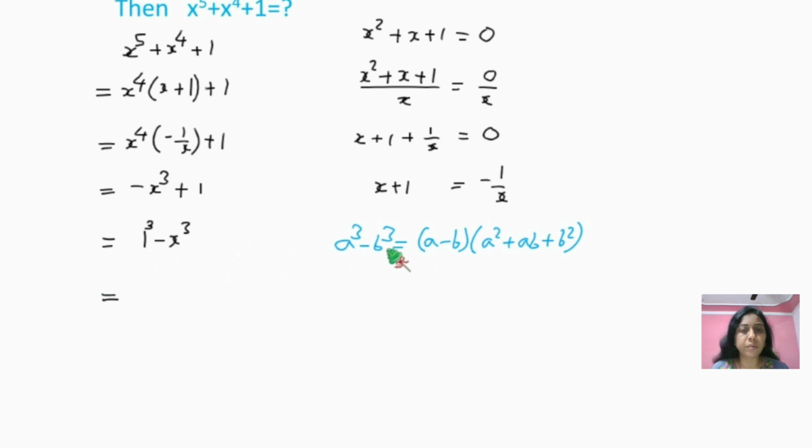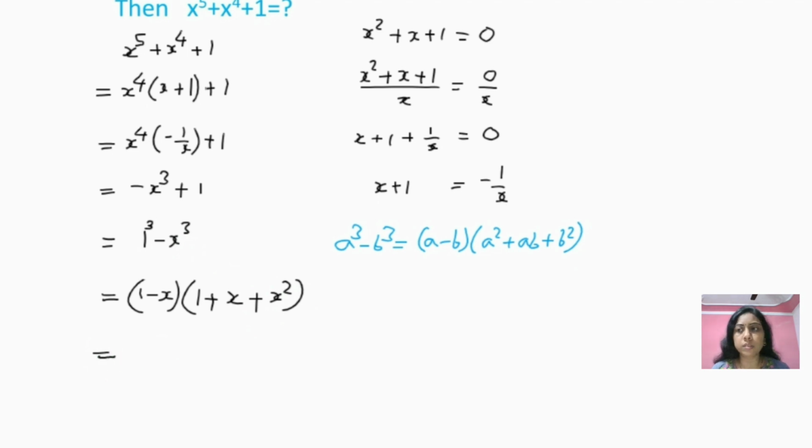A minus b means 1 minus x. A square is 1 square, 1, plus a multiply b, 1 multiply x, x, plus b square, x square.